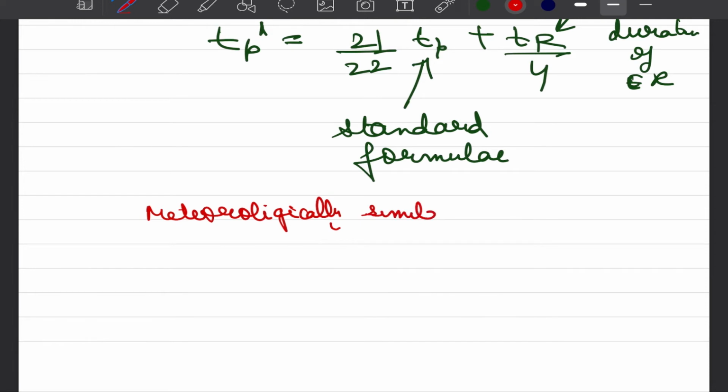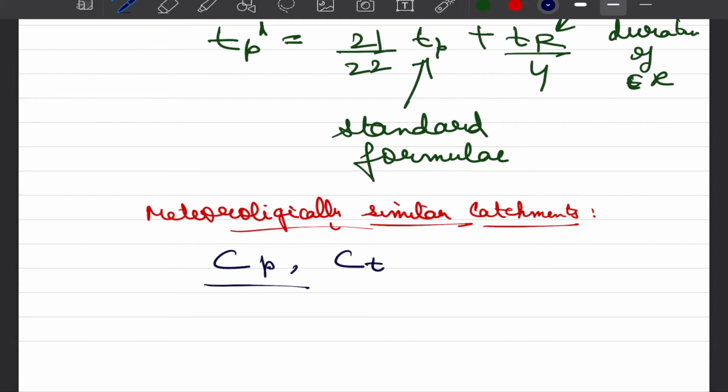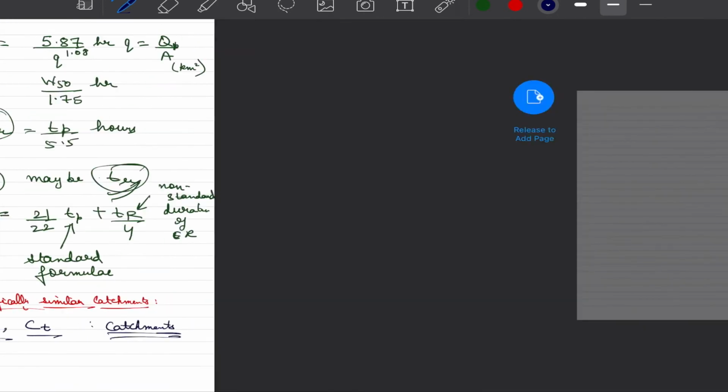For example, in India, if we talk about river Ganges and river Yamuna, when both of them flow through the upper Himalayas, they encounter very similar kinds of terrain. So hypothetically, we can use the same parameters CP and CT for both these catchments, and whatever unit hydrograph we learn for river Ganges, we can apply it to river Yamuna in the upper reaches and vice versa. So if we know the nature of the synthetic unit hydrograph for one of the rivers, we can estimate how the unit hydrograph for another river is going to look.